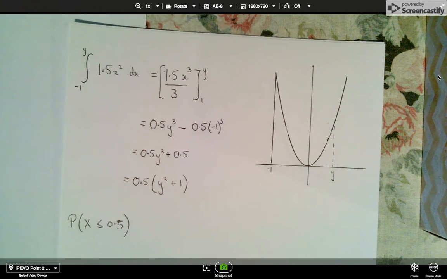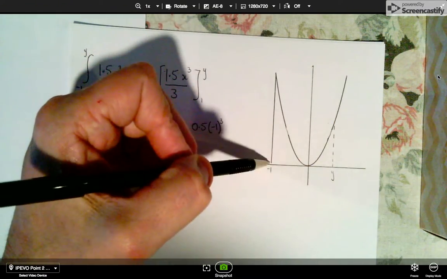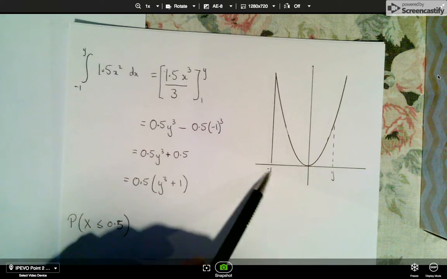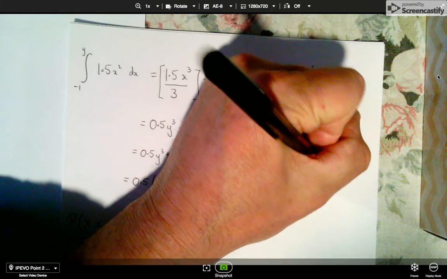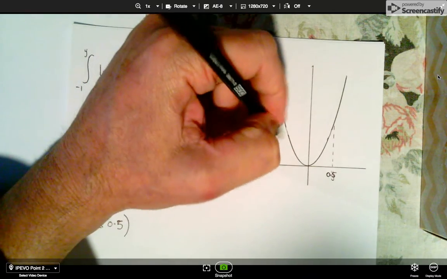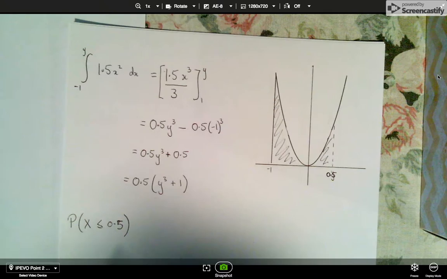Okay. So now we want the probability that x is less than 0.5. So this gives us the area from -1 to y, this function here, from -1 to y. But instead of y, this is going to become 0.5. So how do we find this area here? We just substitute 0.5 in for y.